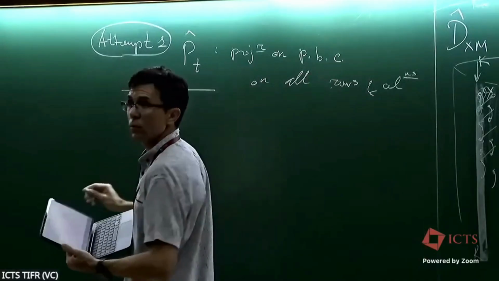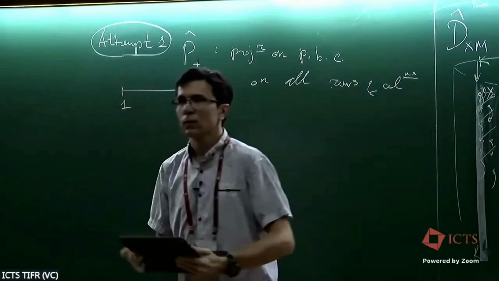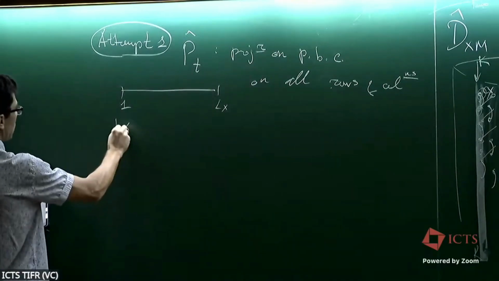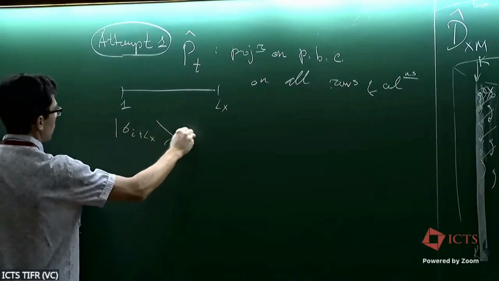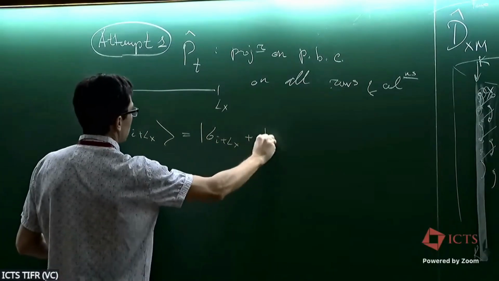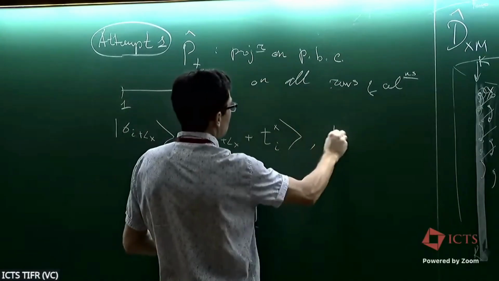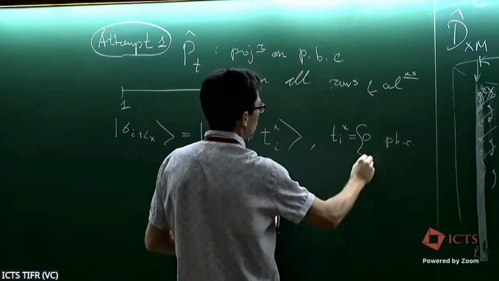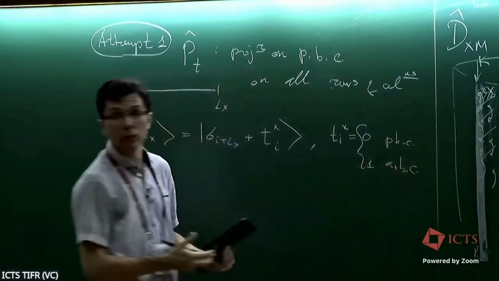I have a site 1 and I have a site Lx over here. If I were to consider sigma at i plus Lx, the state would be given by sigma at i plus Lx plus T in this x direction, where the T_x could be 0 for periodic boundary conditions or 1 for anti-periodic boundary conditions.